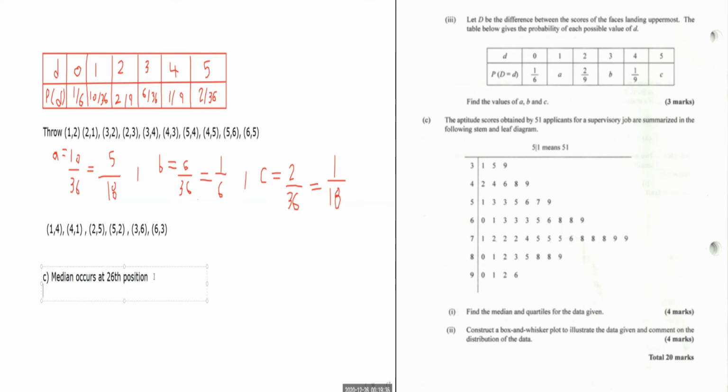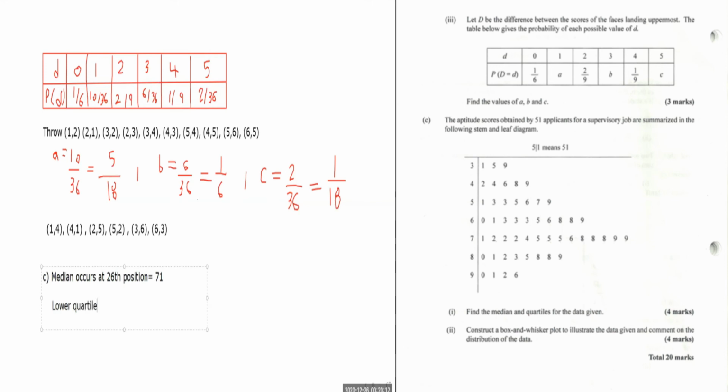All right, so let's look for the 26th score. Looking in the table, the 26th score looks like 71. It's equal to 71. So the person that got 71 on the aptitude test, that's the median. Next they want the quartiles. So let's find the lower quartile first.